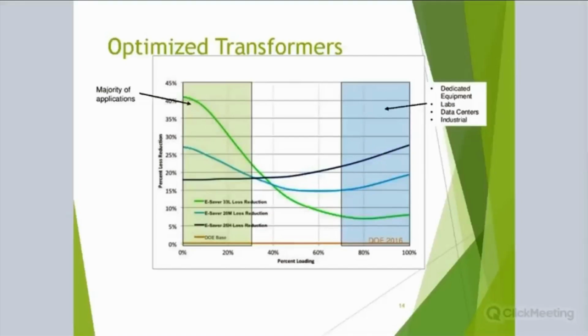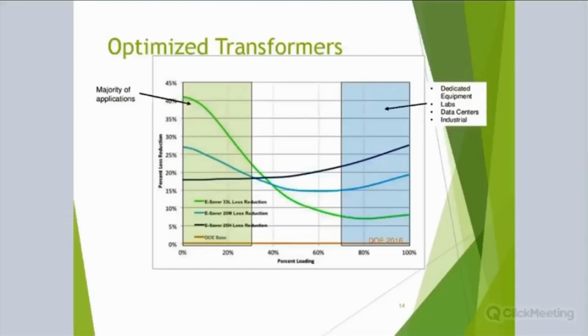The efficiency is much higher, saving you much more energy, so you have less losses at that level. The blue line is a transformer that's more of a medium loading, meaning it's a little more level on all loading of the transformer.